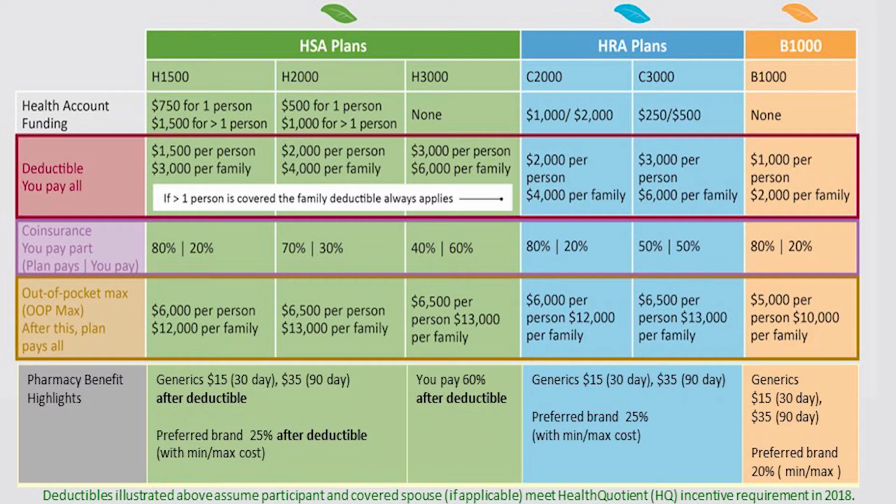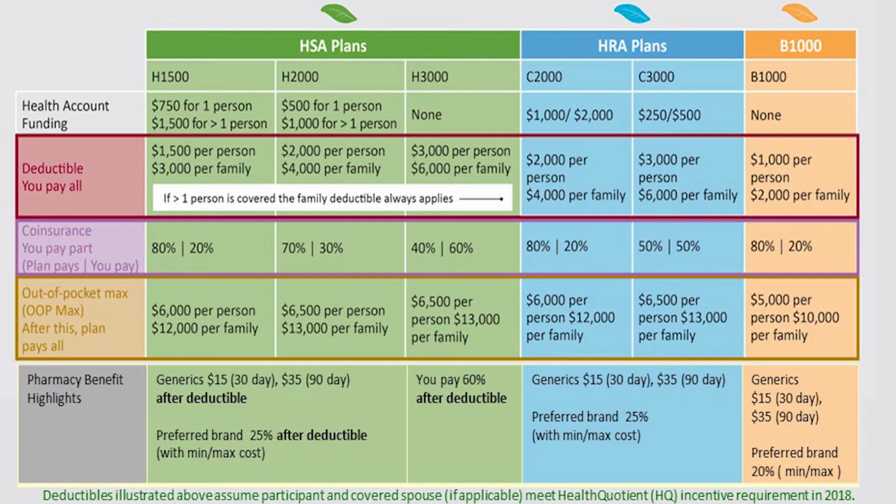The HSA plans, again, the 1,500 and the 2,000 each have savings accounts as well. And you'll see that the HSA plan, the H3000 does not. It does not come with a health savings account loaded on a card.